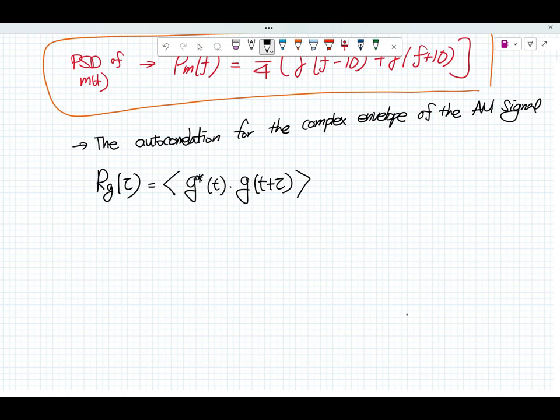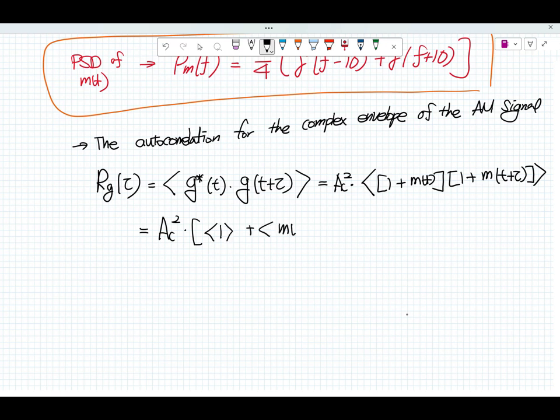We have the complex envelope for the AM signal that was given in the question: A sub c squared times 1 plus m of t, and 1 plus m of t plus tau. Just calculation. A sub c squared times 1, m of t, m of t plus tau.